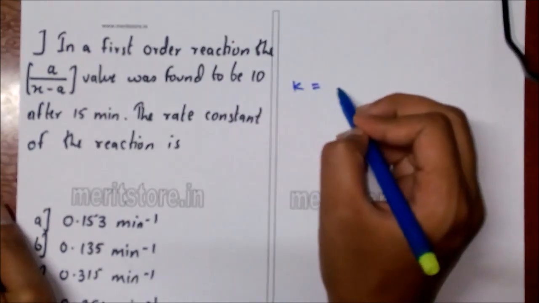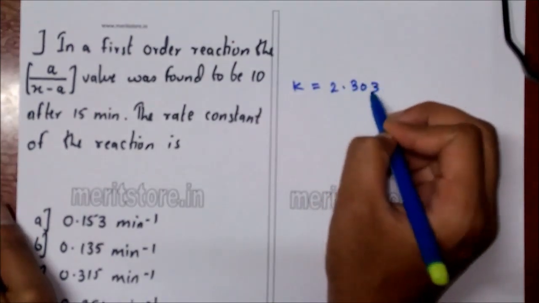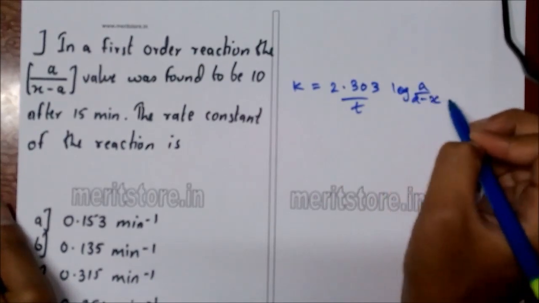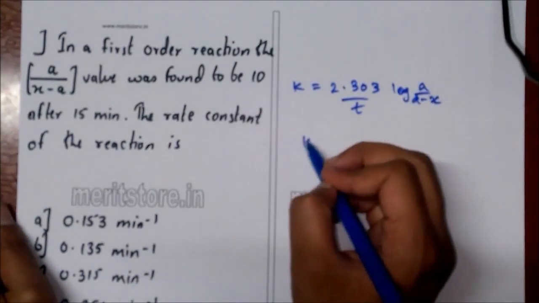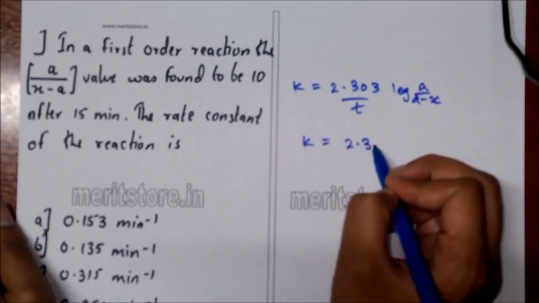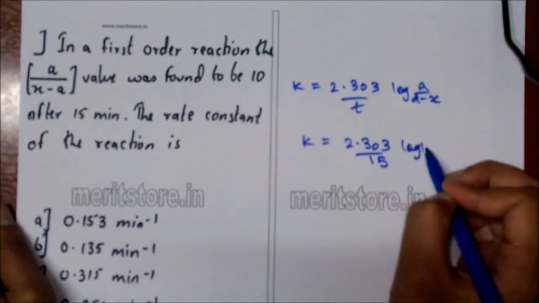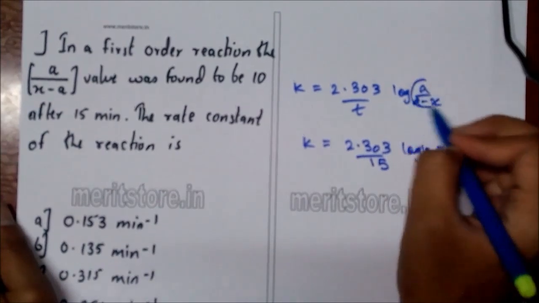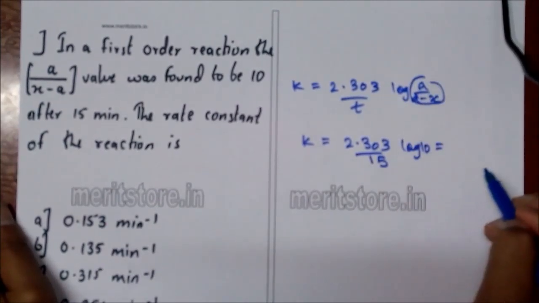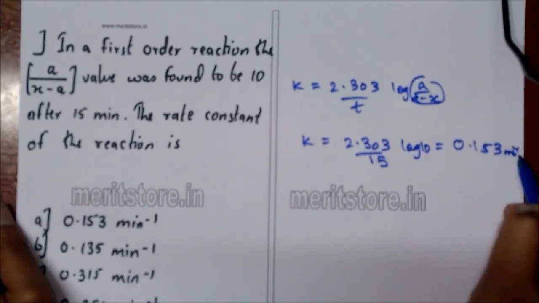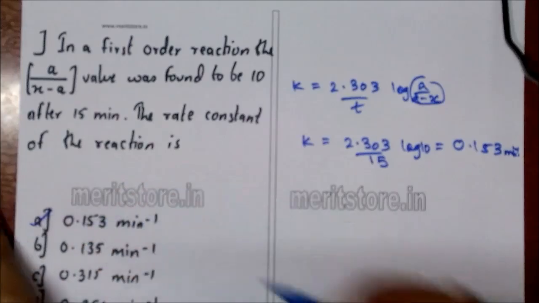So K is equal to 2.303 upon T log of A upon A minus X. So we can write this as K is equal to 2.303 upon 15 log of 10, as A upon A minus X is 10. So on solving this we get 0.153 per minute. So option A is the correct answer.